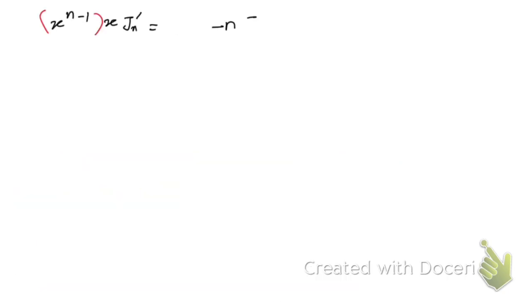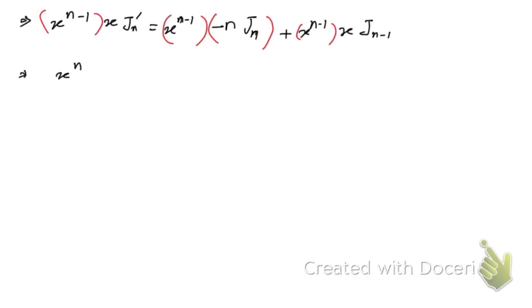So here is the last step we had got. Now let me simplify this. Here x to the power n J'n is equal to minus n written first, then x to the power n minus 1 Jn, then the next term plus x to the power n. After multiplication of these two, we have got x to the power n, then J n minus 1.